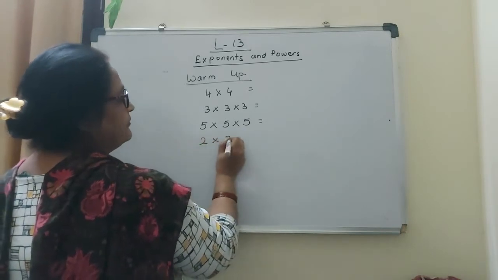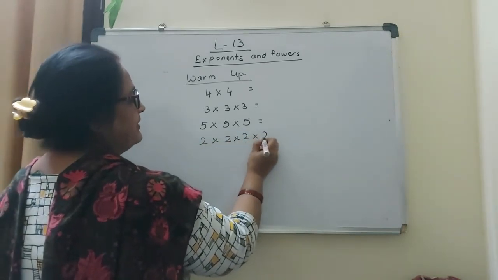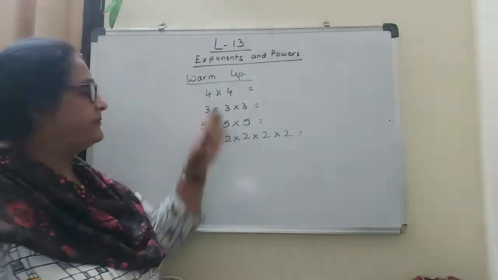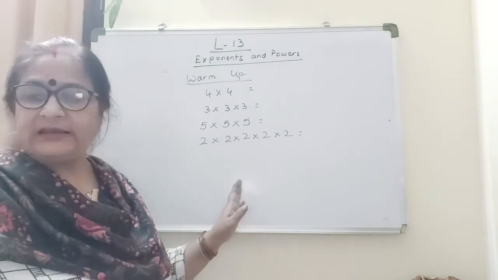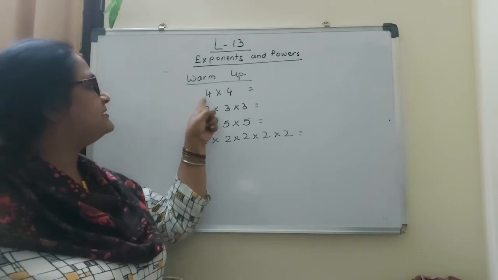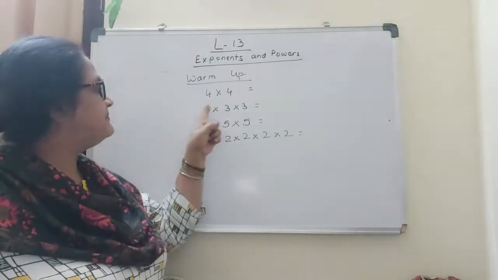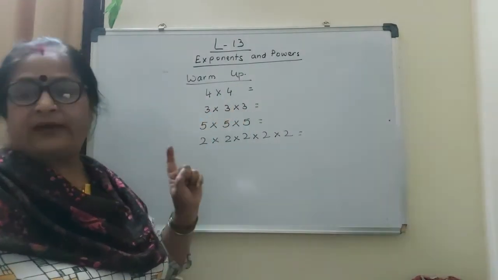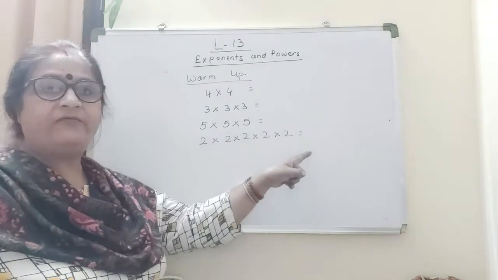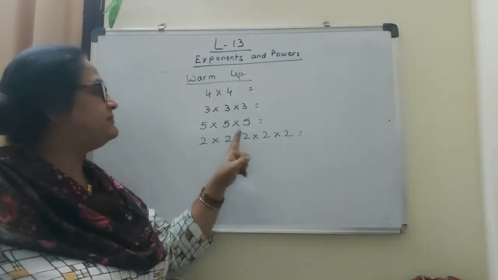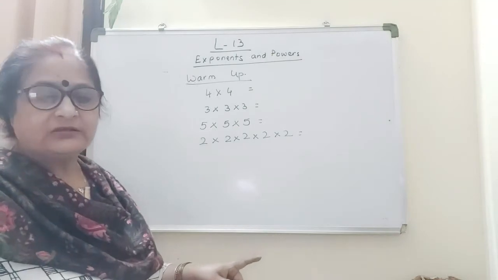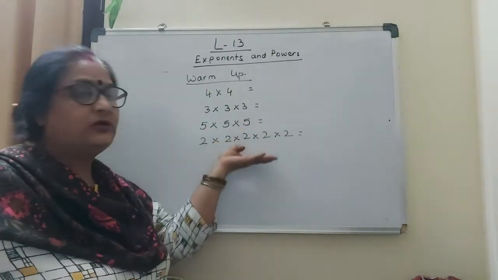What will be the value of 2 multiplied by 2 multiplied by 2 multiplied by 2? What are we multiplying here? We are multiplying the same number. 4 is multiplied with 4. 3 is multiplied by 3 multiplied by 3. 5 multiplied by 5 multiplied by 5. 2 multiplied by 2 multiplied by 2 multiplied by 2 multiplied by 2. Okay, so that means this is what we are going to do.